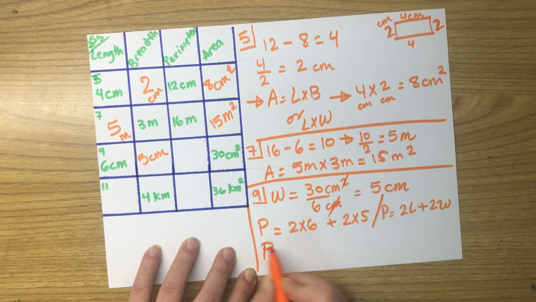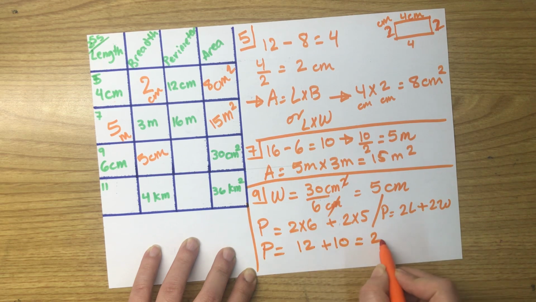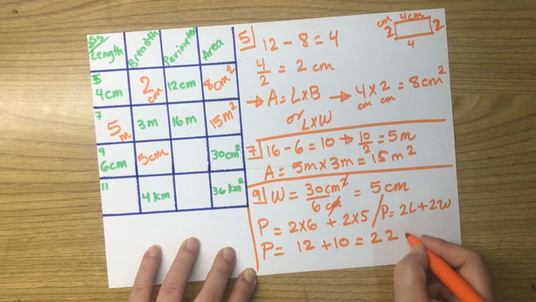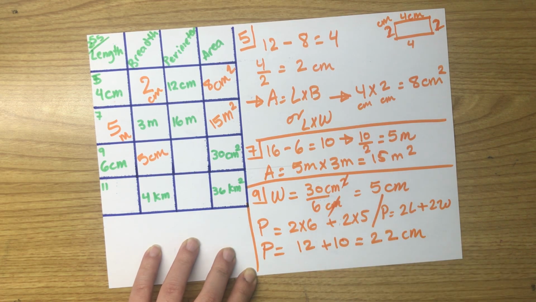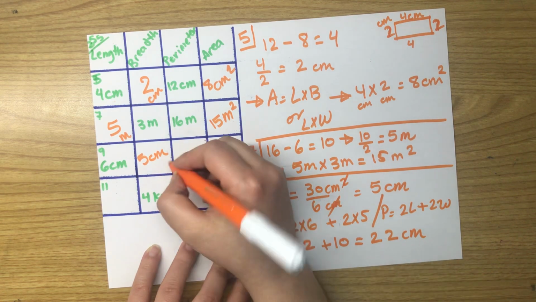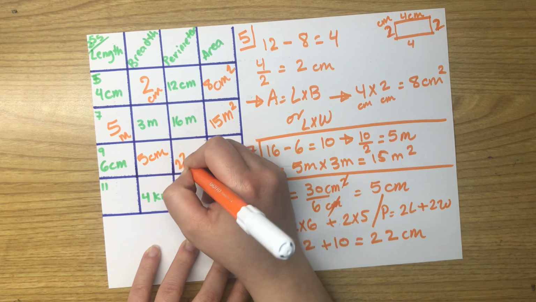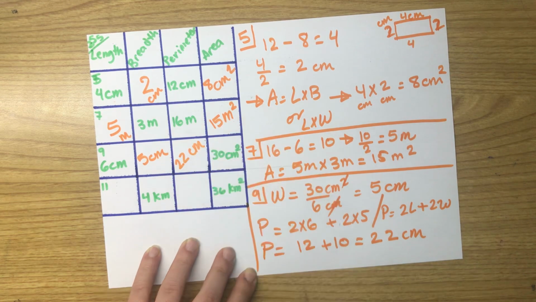Then perimeter is going to equal 12 plus 10, which equals 22 what? Centimeters. That's it, because we are talking about the perimeter. Perimeter is a length, so the unit is not squared, so the perimeter equals 22 centimeters.